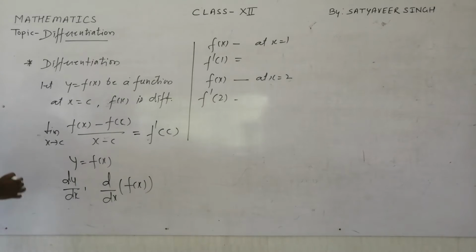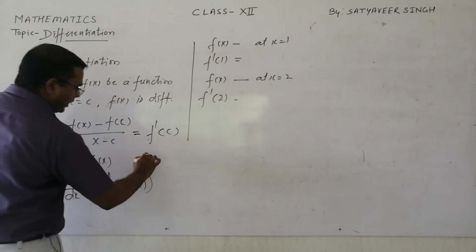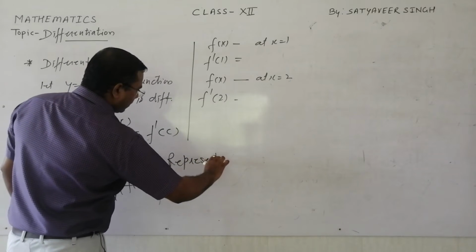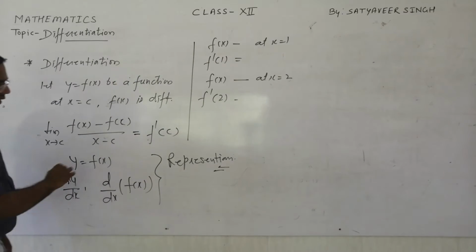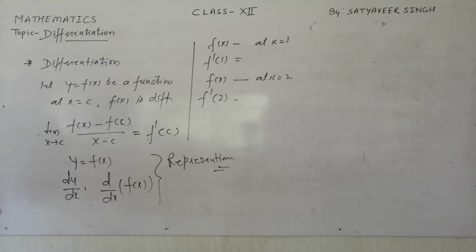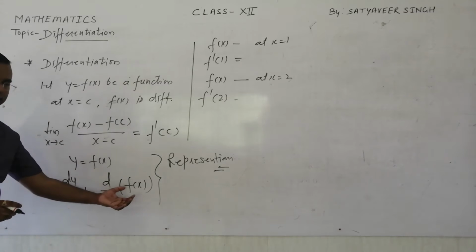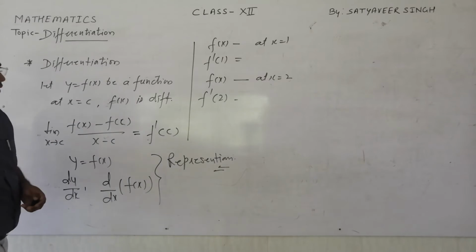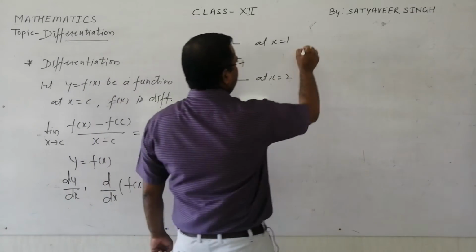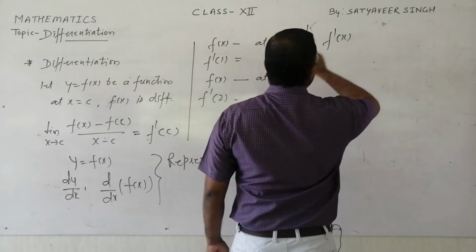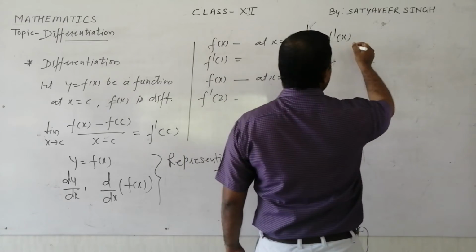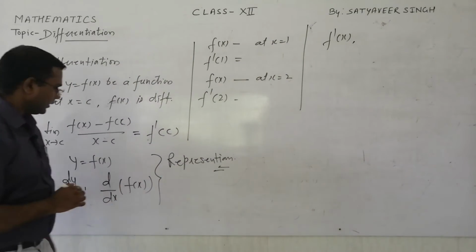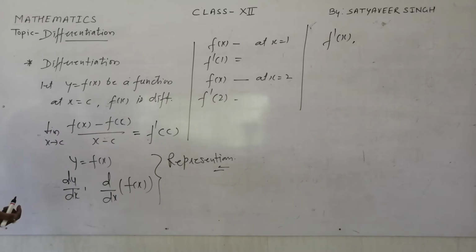So these are all the methods of representation of the differentiation: dy upon dx, d over dx of f(x), or f dash c, or we can also write f dash x if it is one time differentiation.